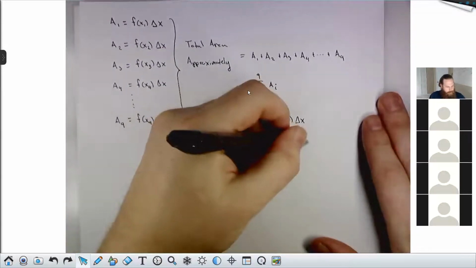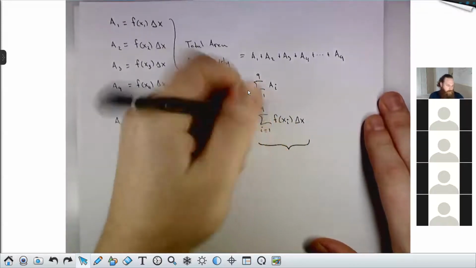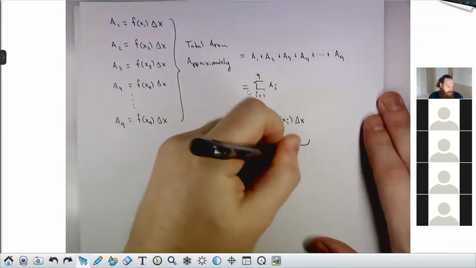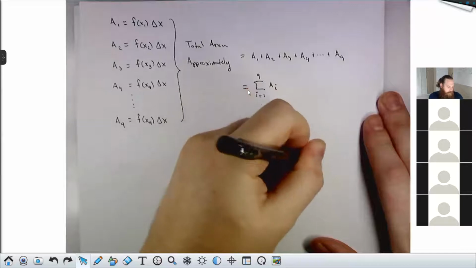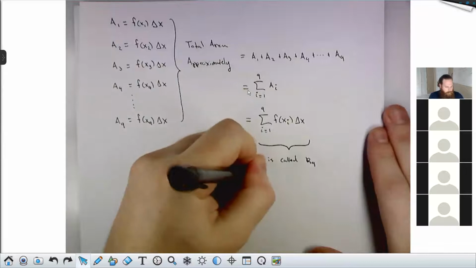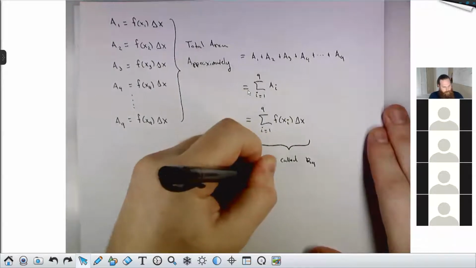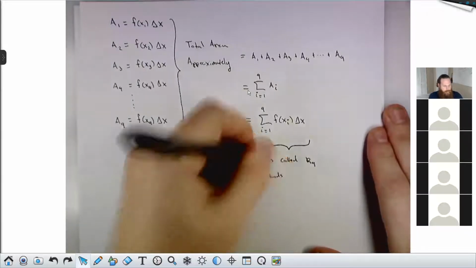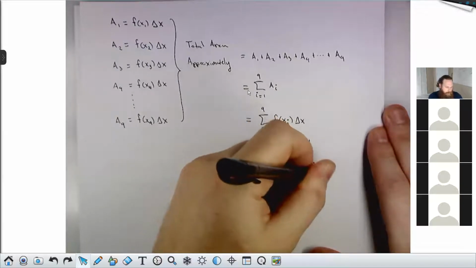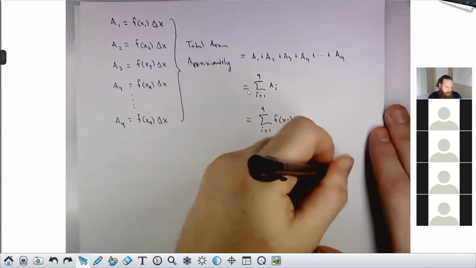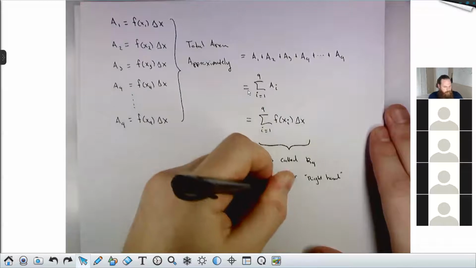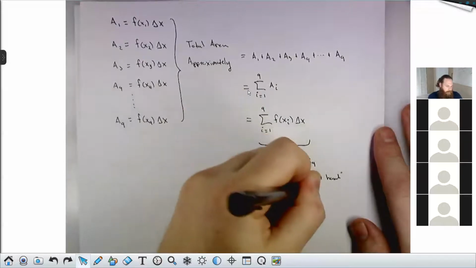So this is called R9. R stands for right hand, and the 9 stands for the number of rectangles.